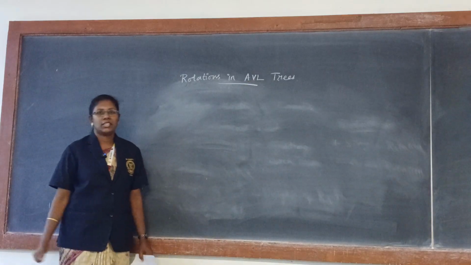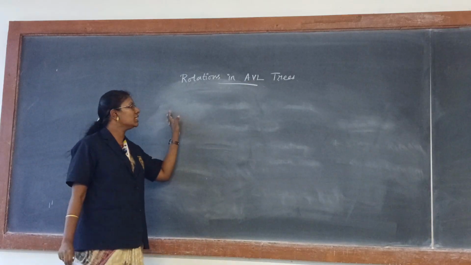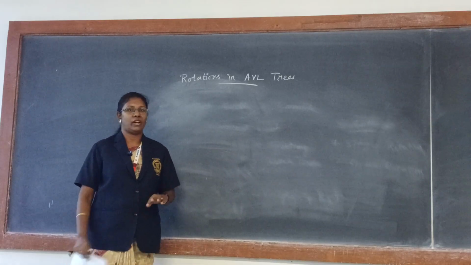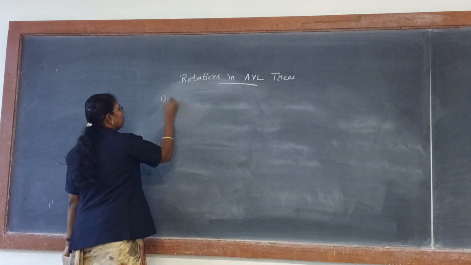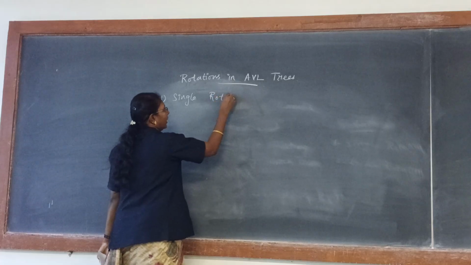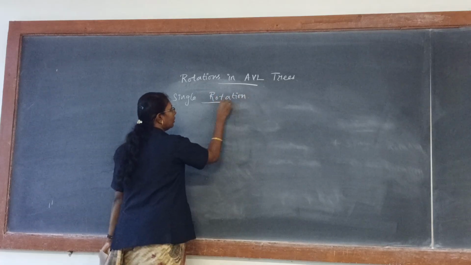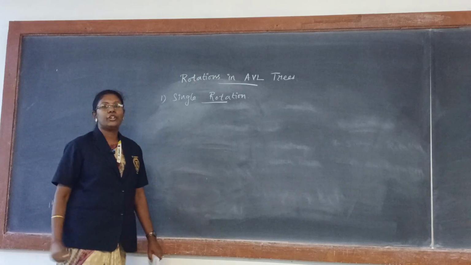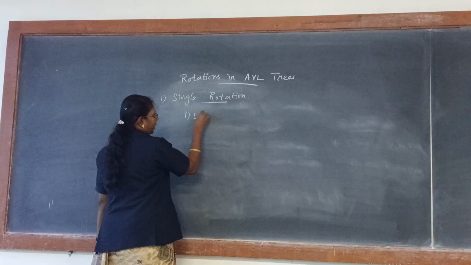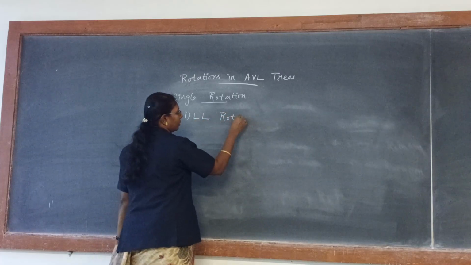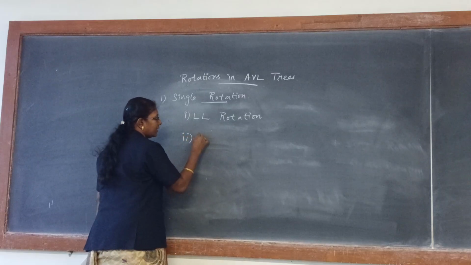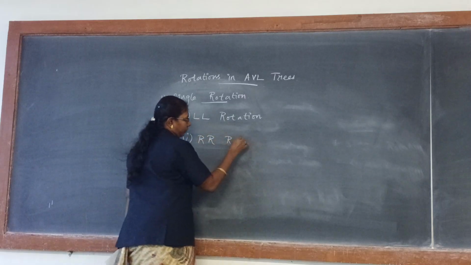Now I'm going to explain the simple rotations we can perform in AVL trees to make the tree a balanced one. The first rotation type is single rotation. In this category, we are going to see two types of rotations: one is LL rotation, and the second is RR rotation.